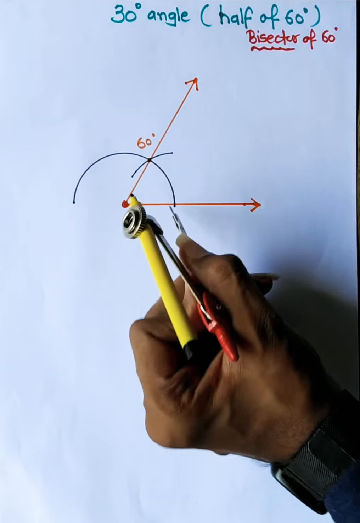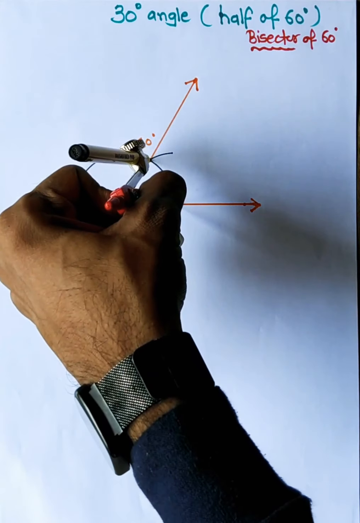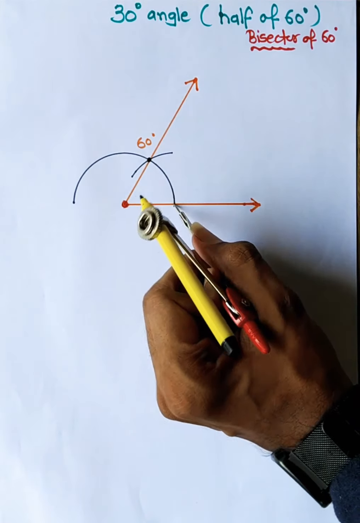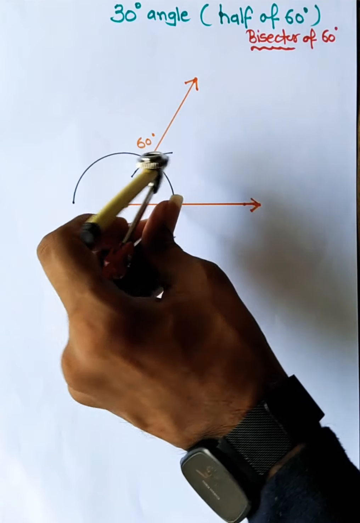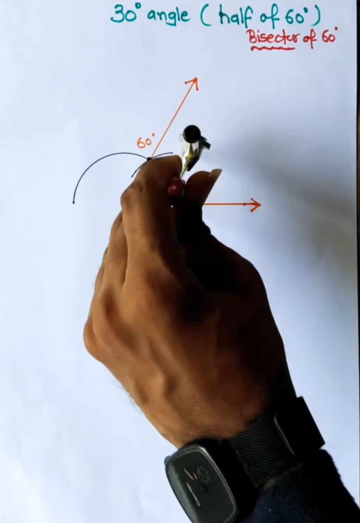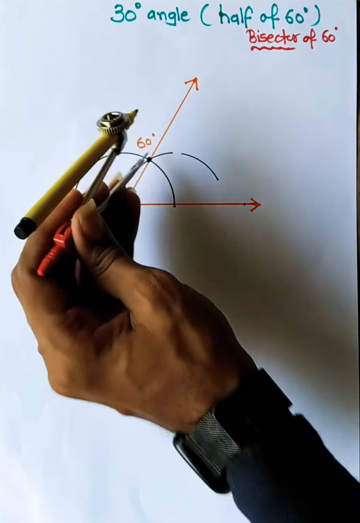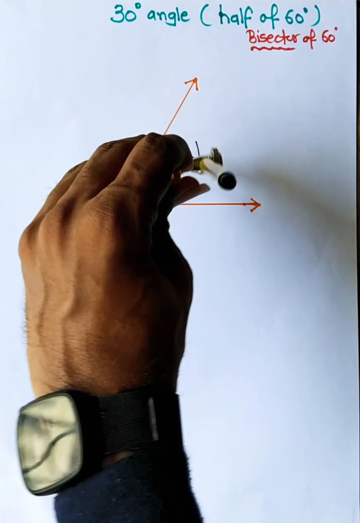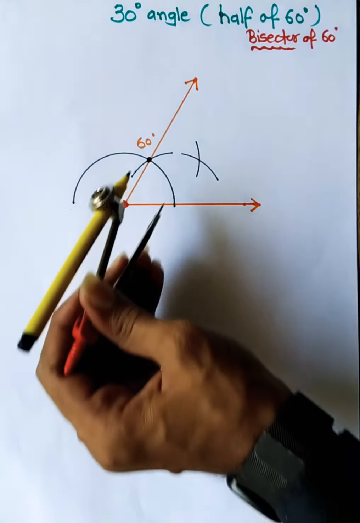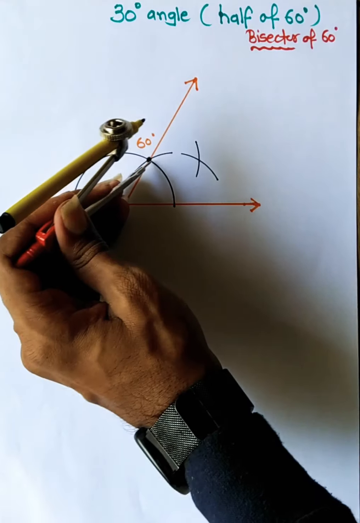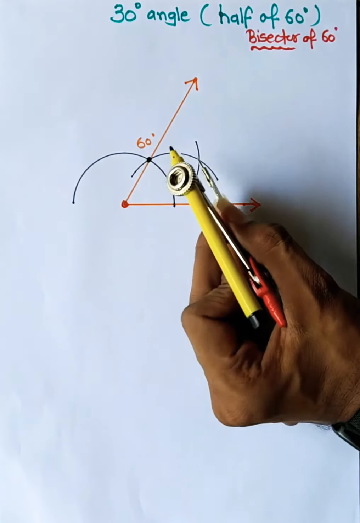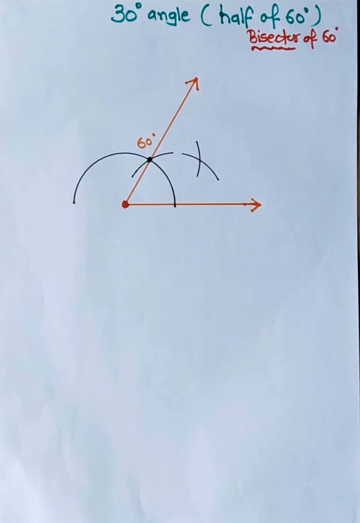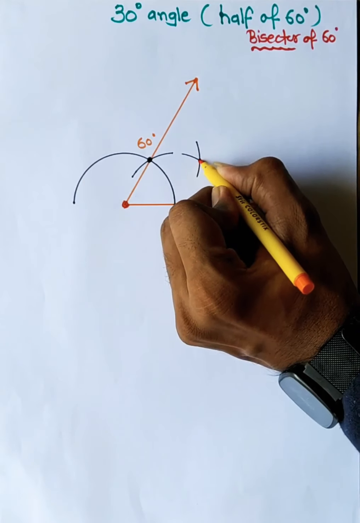You measure from this point to this point, and then what you do, from this point you make an arc, and from this point also you make an arc taking the same radius. From this point make an arc, from this point make another arc which will intersect. Okay, so that has intersected over here.